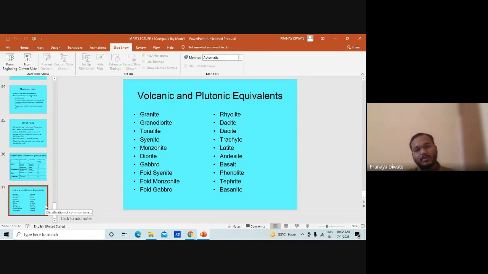In the application of igneous petrology, you often find mining material or minerals useful for mines in volcanic rocks. This is all about the equivalents.